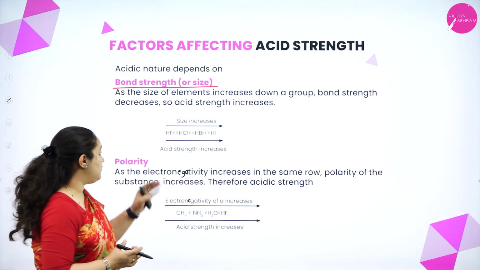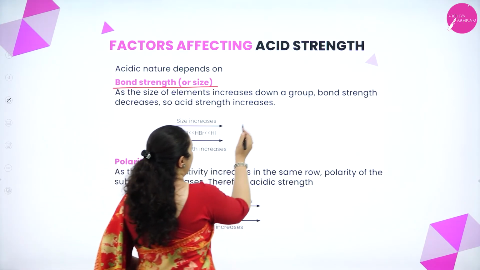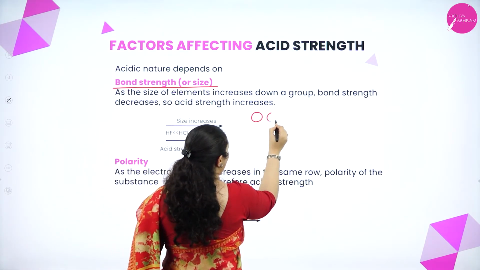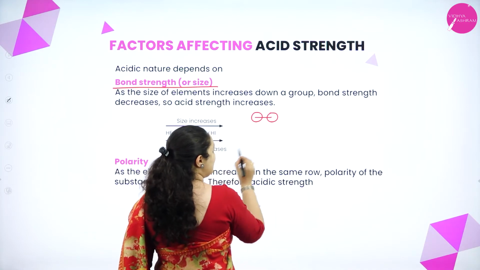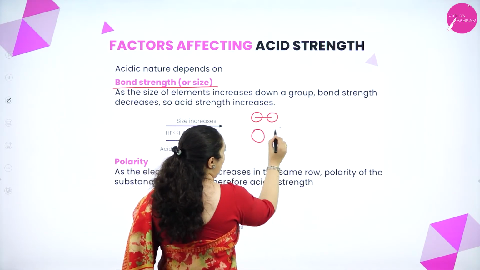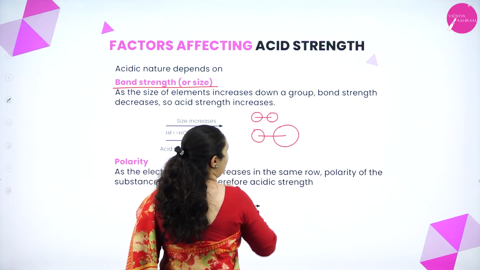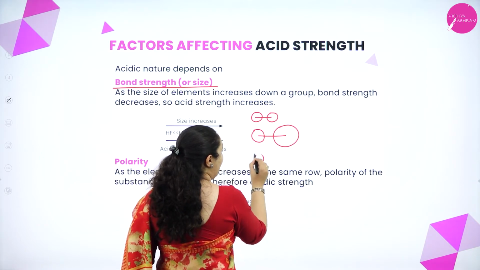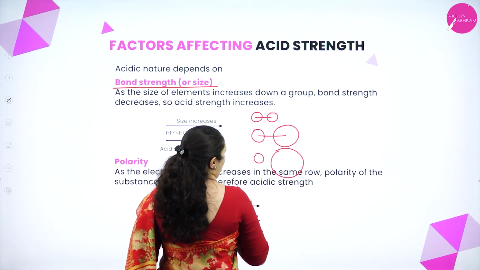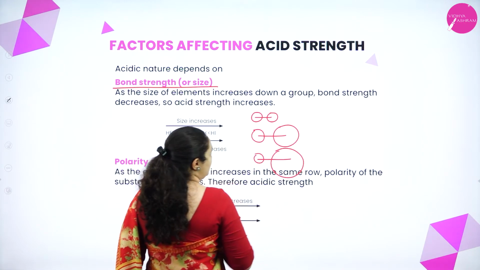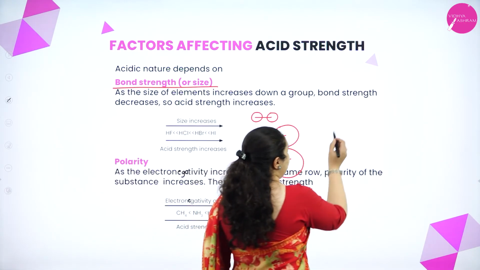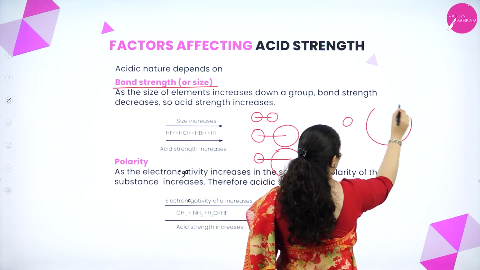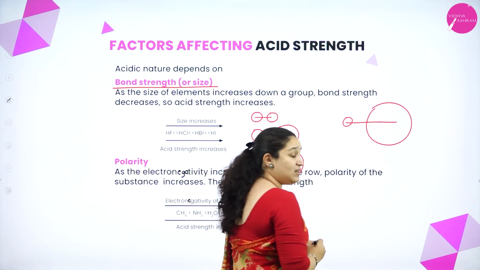For example, if I take hydrogen and fluoride, hydrogen is small, fluorine is also small, bond length is smaller. Hydrogen is small, chlorine is a little bigger, bond length increases. Hydrogen is small, bromine is quite large, bond length is even more. And hydrogen and iodine, if I take, bond length is the largest.